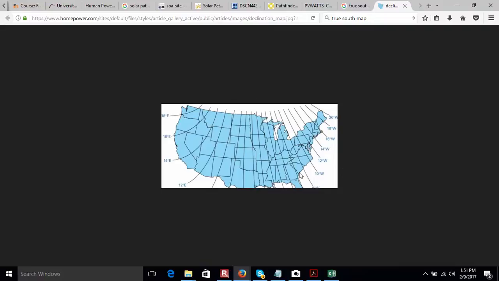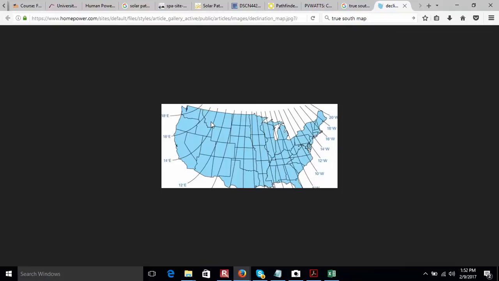I remember growing up in Indiana, it was, let's see, 12, 10, 8, 6, 4, 2, 0. Maybe this is 0. Anyway, one of these is 0, and we were very close to true south being magnetic south. Basically what we're looking at here are the magnetic field lines. You just have to correct for that little bit.